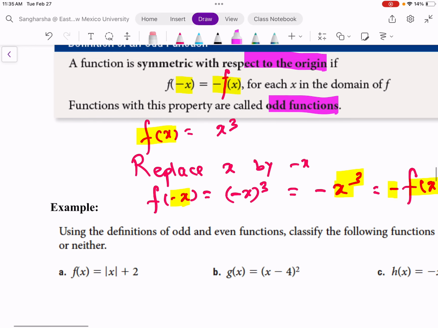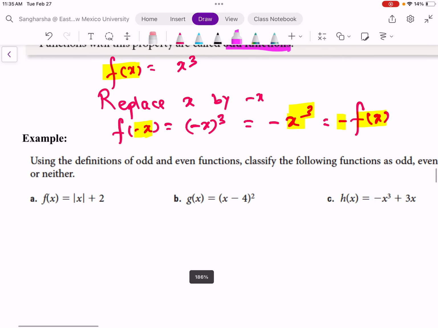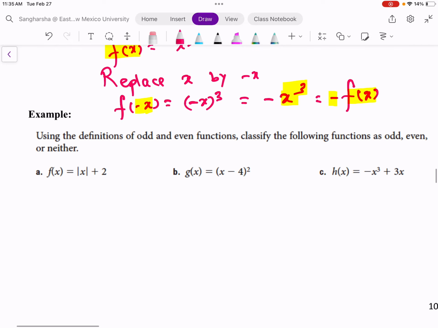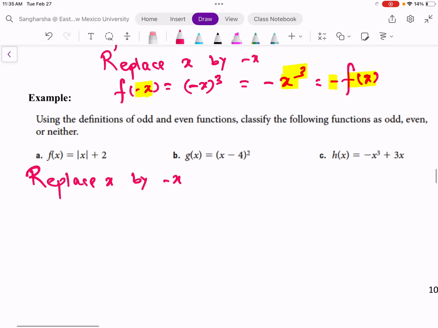Now let's see the examples here, where we are asked to check whether the function is even, odd, or neither. Let's have example A, and the step is the same. You replace x by negative x, and for all these examples we do the same thing.